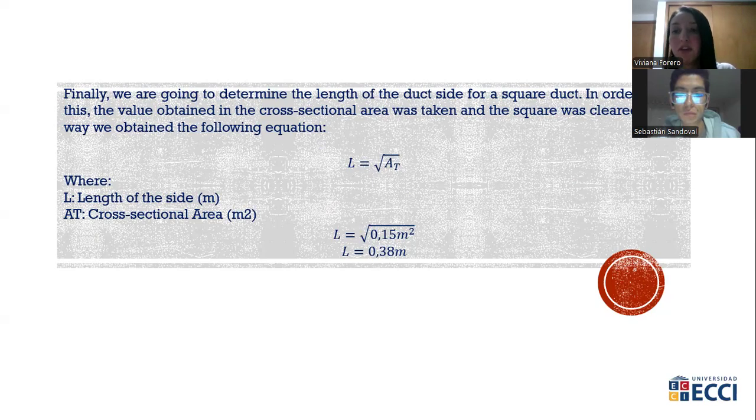So if we do the operation, we have L equal to the square root of 0.15 square meters. So the final result is L equal to 0.38 meters.